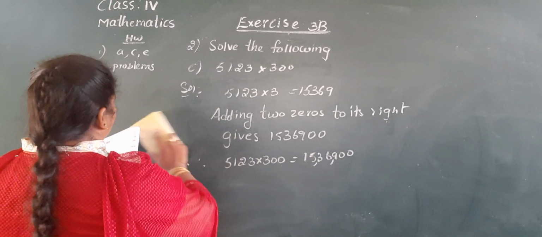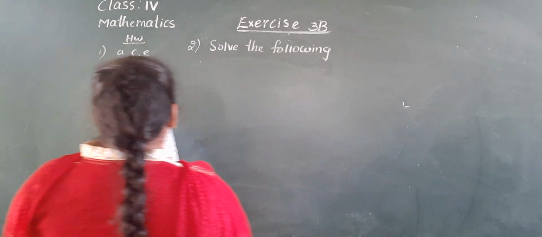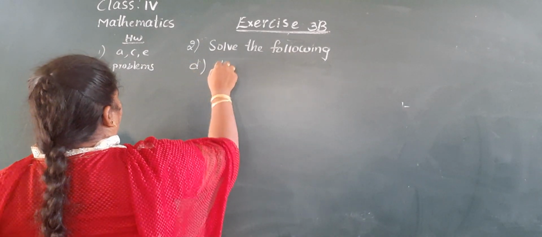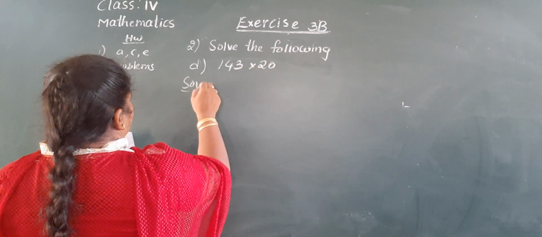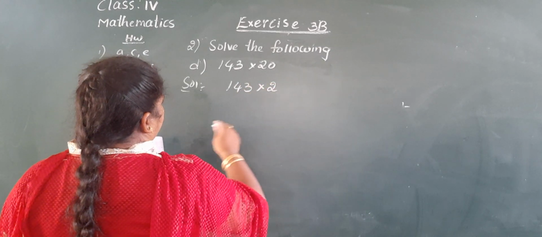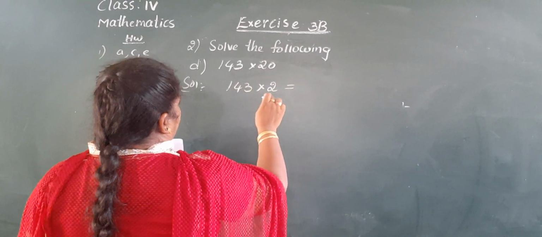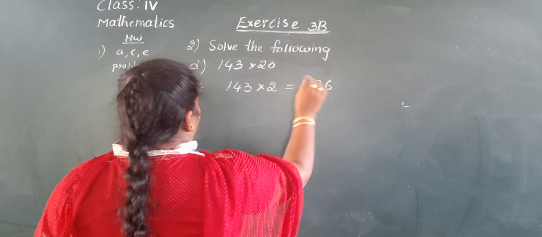D. Note down D, ma. 143 into 20. So first we multiply the numbers. 143 into 2. Multiply: 2 3s are 6, 2 4s are 8, 2 1s are 2.